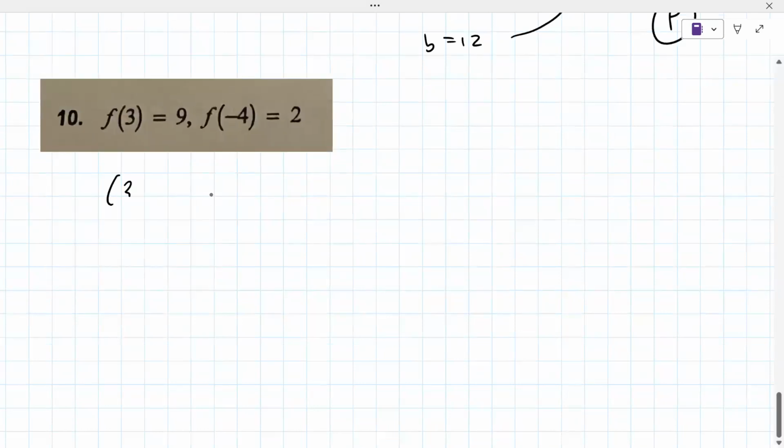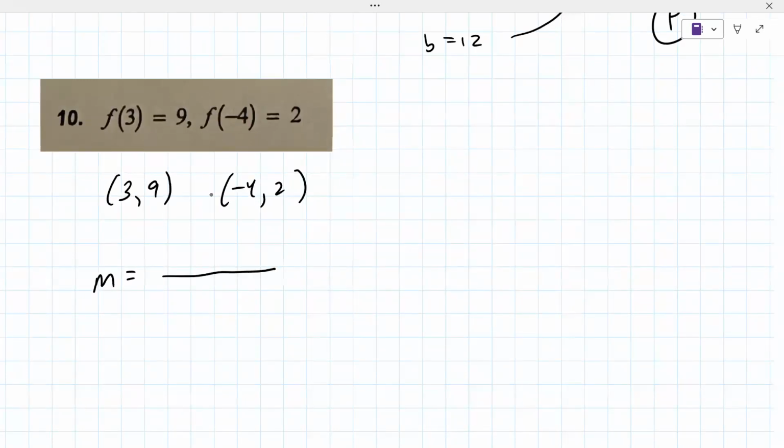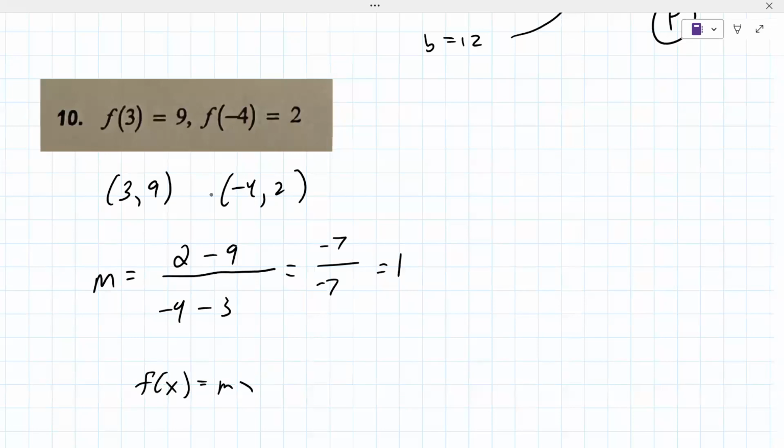The two ordered pairs are 3, 9 and -4, 2. Your slope is 2 minus 9 over -4 minus 3, which is -7 over -7, which is 1. And if you're comfortable, you can just write f of x equals mx plus b. Just be sure you understand that f of x is really the y value on that.